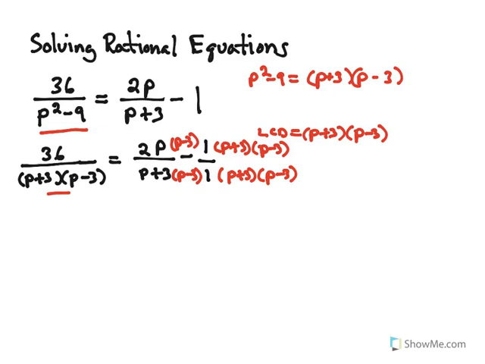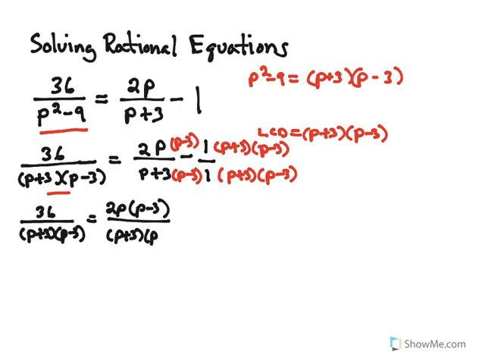So what this comes down to is that we basically have 36 all over p plus 3 times p minus 3 equals 2p times p minus 3 all over, again, the same two factors, minus 1 times p plus 3, p minus 3, all over the same.